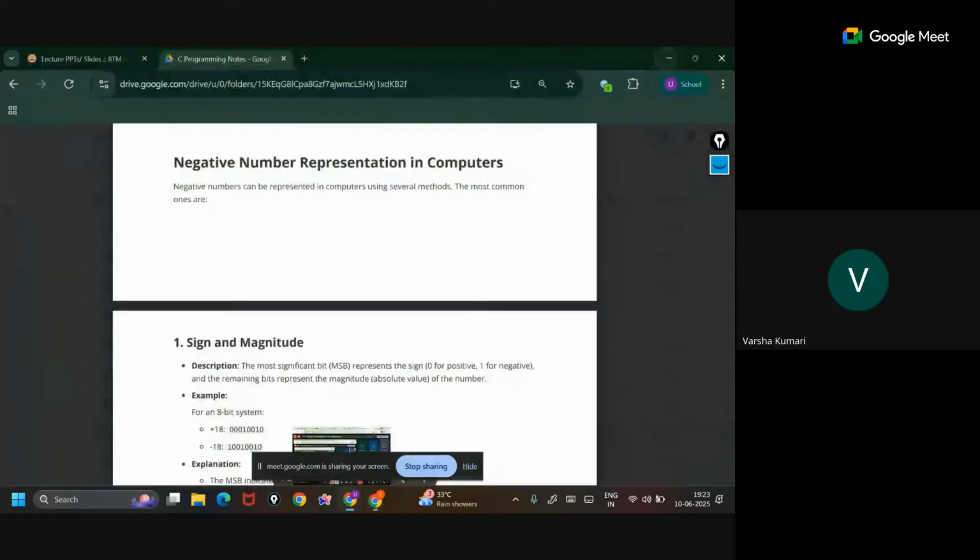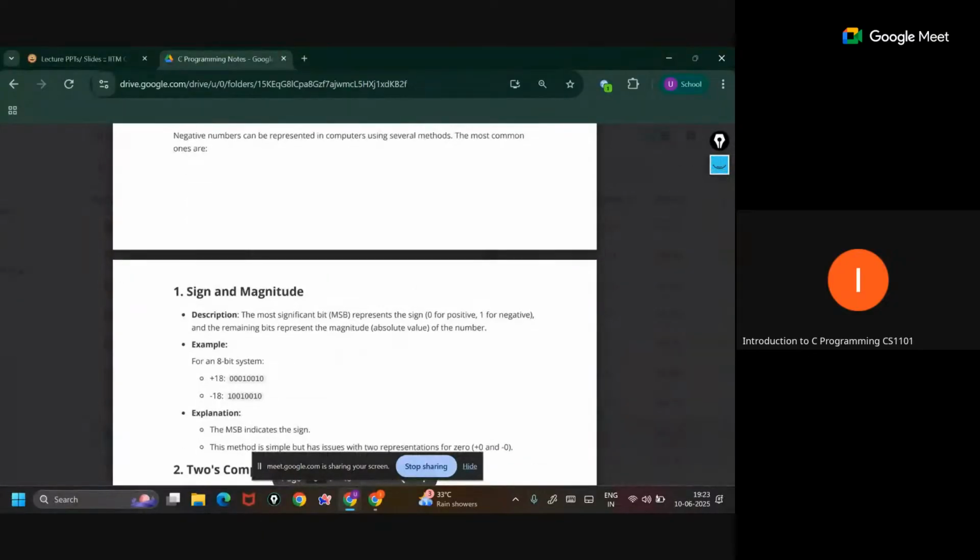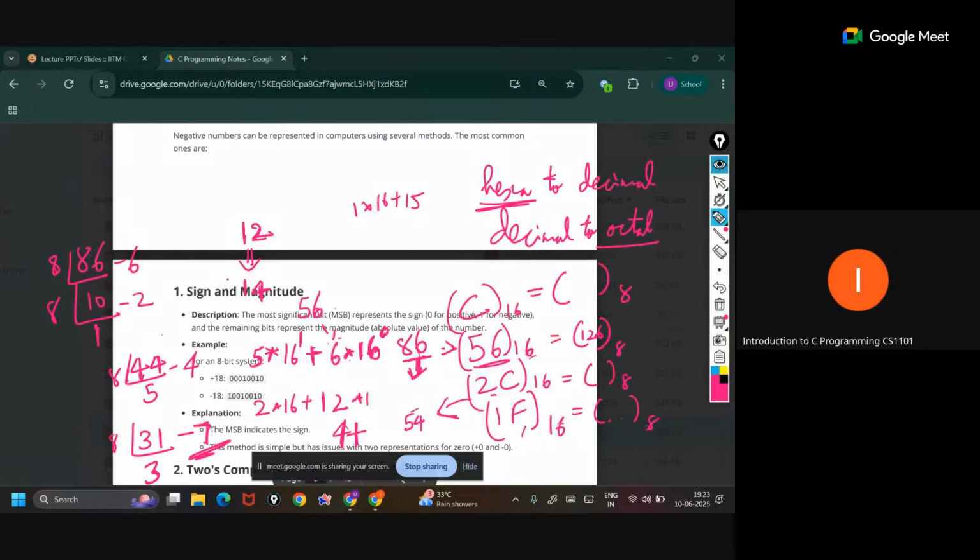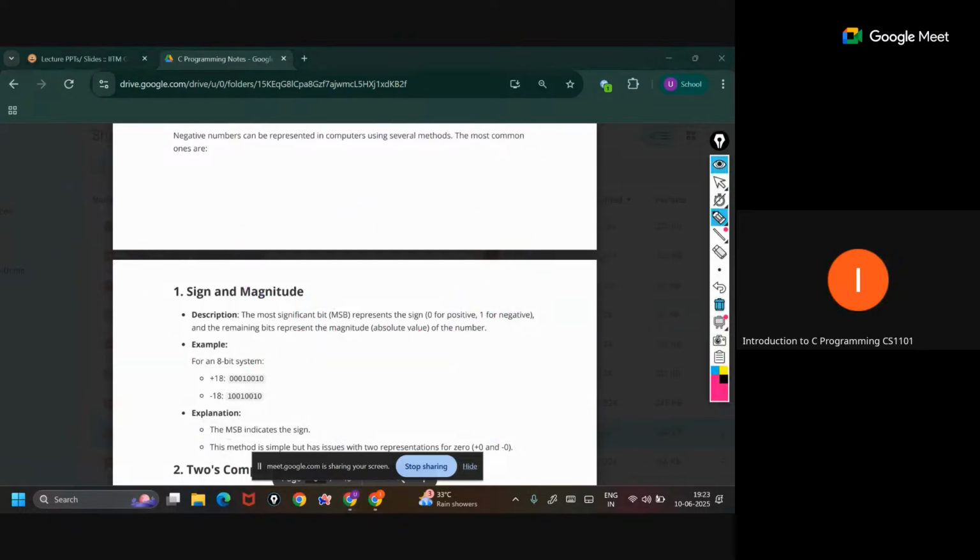Clear, ma'am. Okay. So next is negative representation. Negative representation means we are giving the sign. So far we have seen only positive numbers, right? So what if the number is negative, like minus 18 or minus 7? To represent this, we use a sign value, which is the most significant bit.